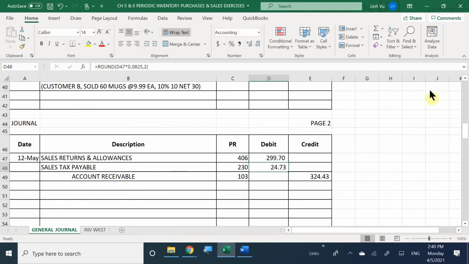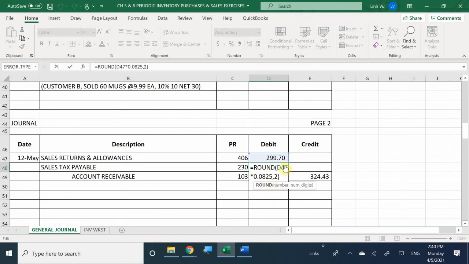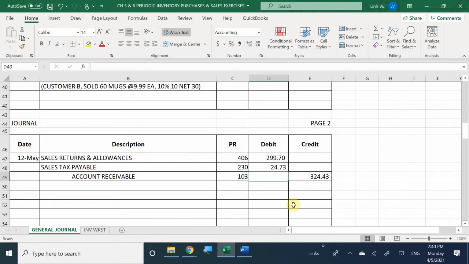Yes, that's the equal round because tax is 8.25%. I want to make sure that we round to the nearest penny on how much we're going to give back to this customer. That was $24.73. Yes. The credit was those two added together. Correct.